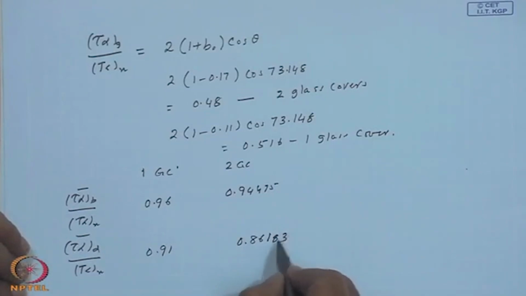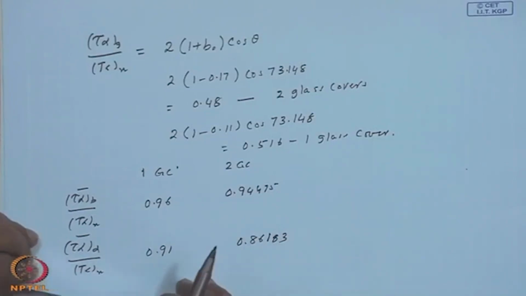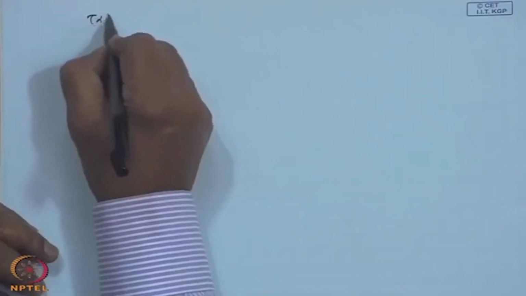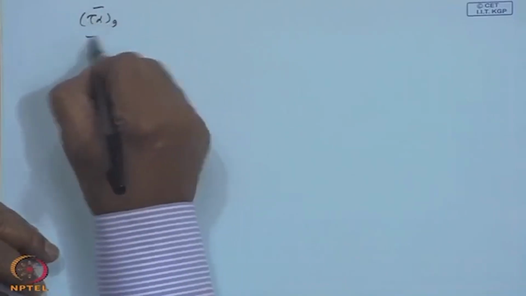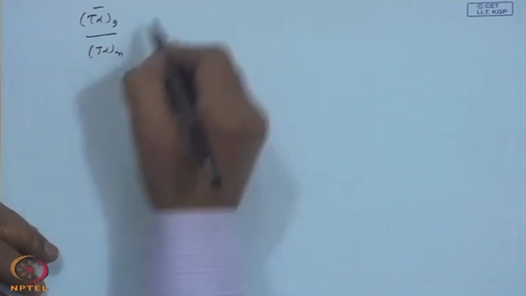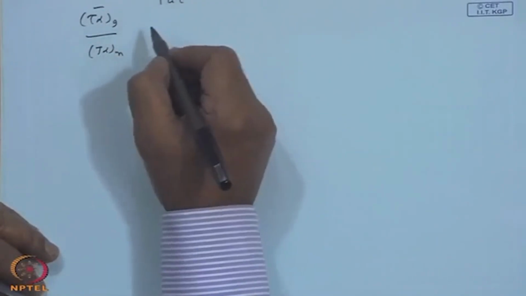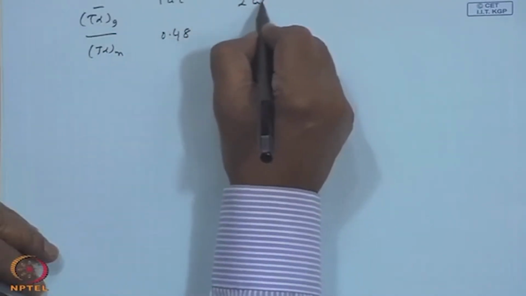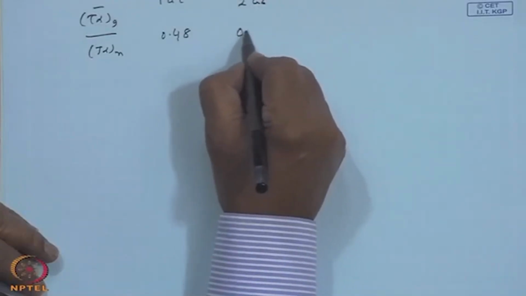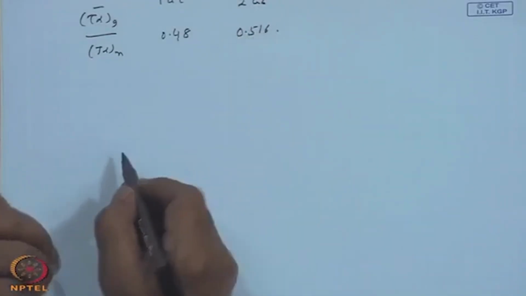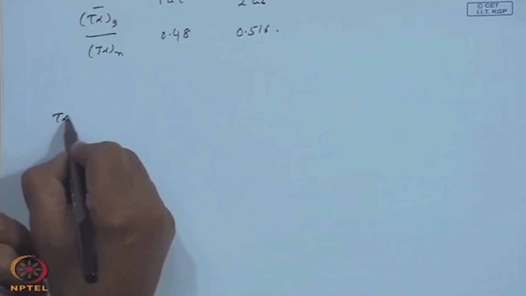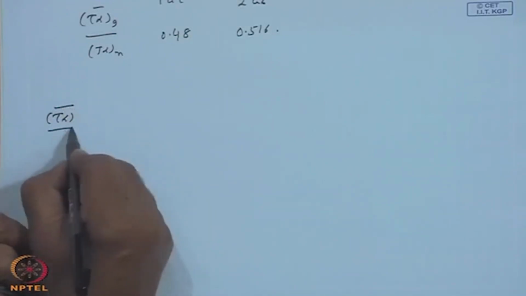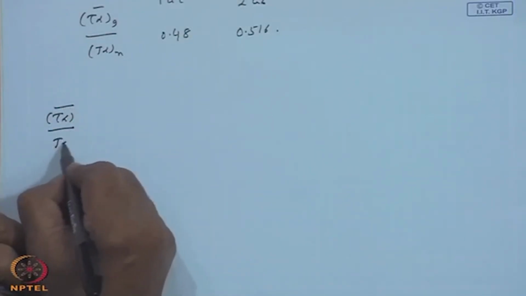Yeah. And the last one, tau alpha bar g by tau alpha n, for 1 glass cover it is 0.48, for 2 glass covers it is 0.516.